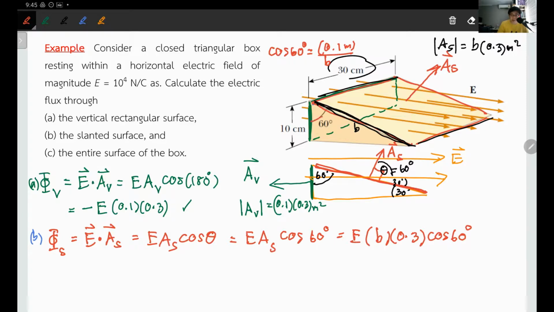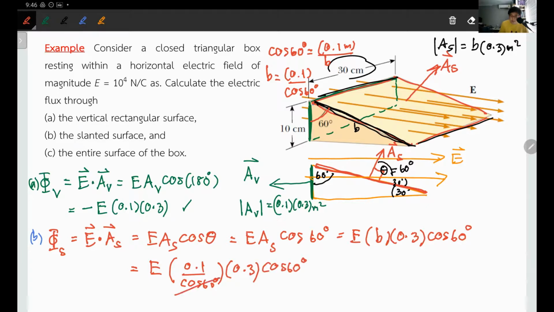You have a 60 degree angle right here. So the 10 centimeters is your adjacent. The B is your hypotenuse. So the ratio between 0.1 and B gives you cosine of 60. So the B itself is just 0.1 over cosine 60. I can plug it in here. So it's going to be E times 0.1 over cosine 60 times 0.3 times cosine 60 again.